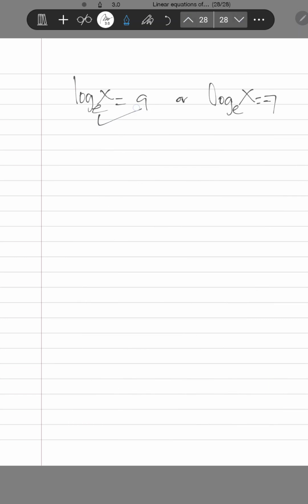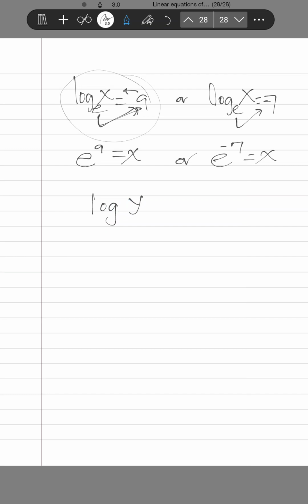When we convert this logarithmic format into the exponential, we go in such a way that e to the power of 9 is equal to x, or in the same way, e to the power of minus 7 is equal to x. This is just an exponential to logarithmic conversion. It is a very common one and a must to know.